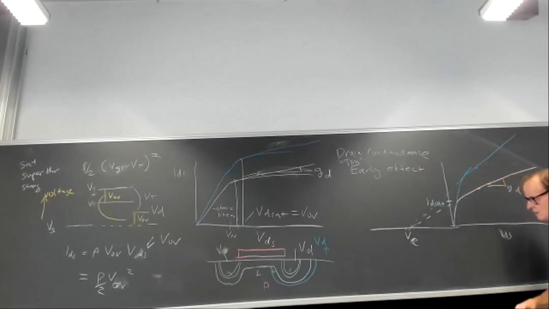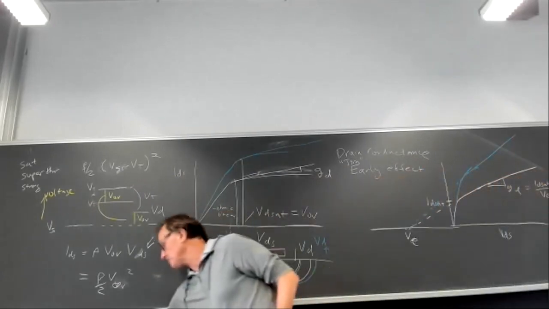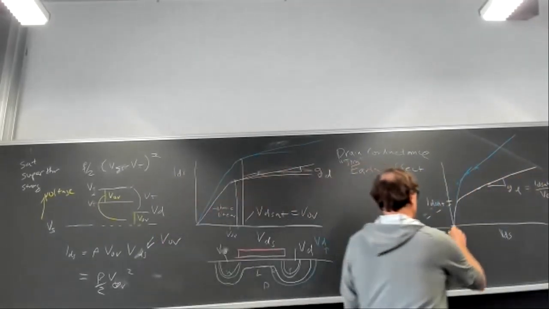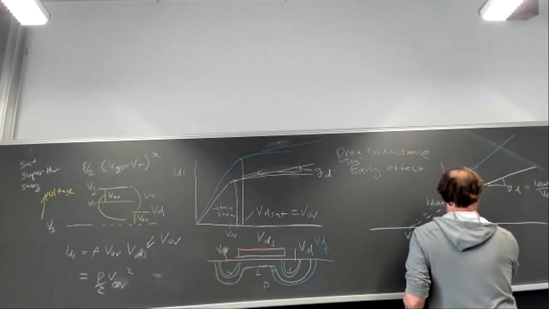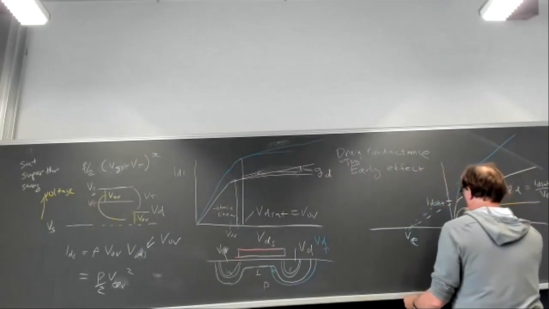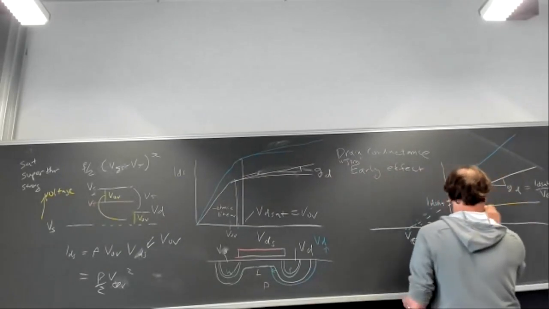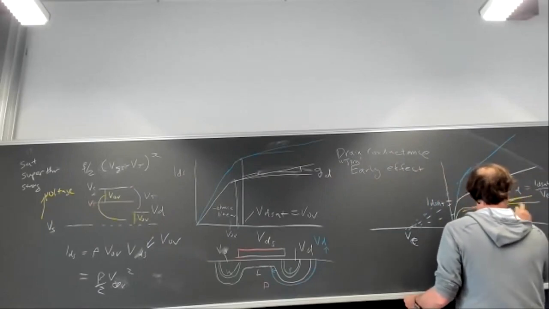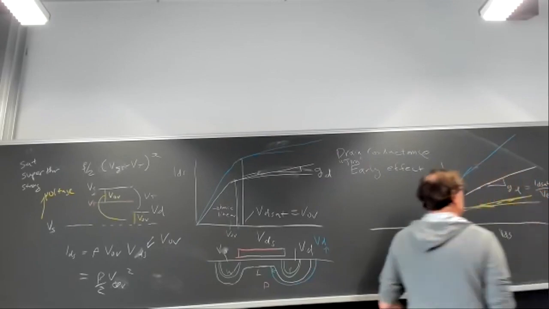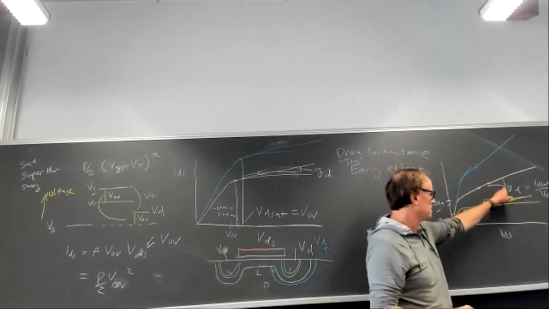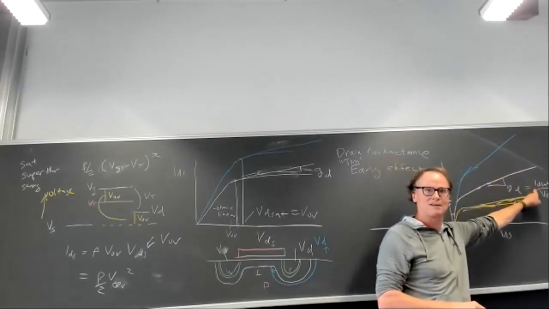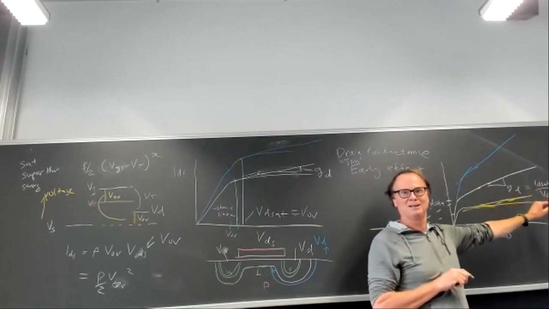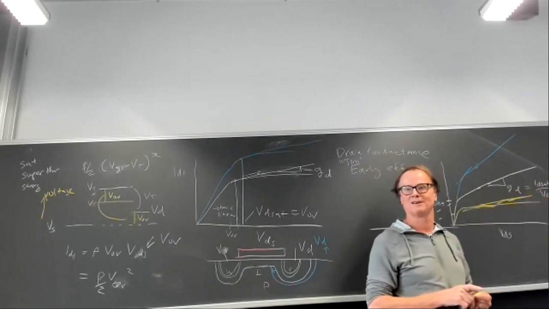If I make the current smaller by decreasing the gate voltage, then it gets flatter. You see from this that this drain conductance is proportional to the saturation current. It's not a constant conductance. It's actually proportional to the current.